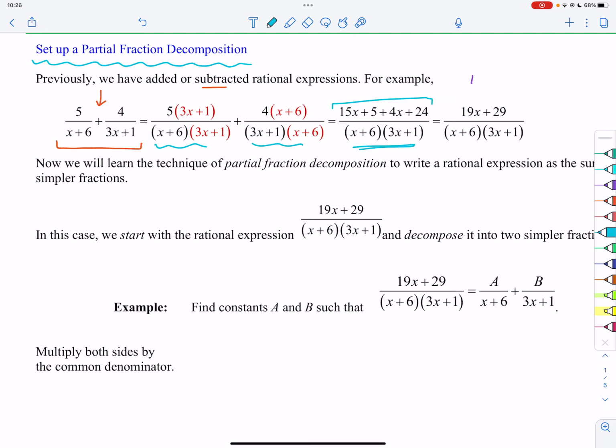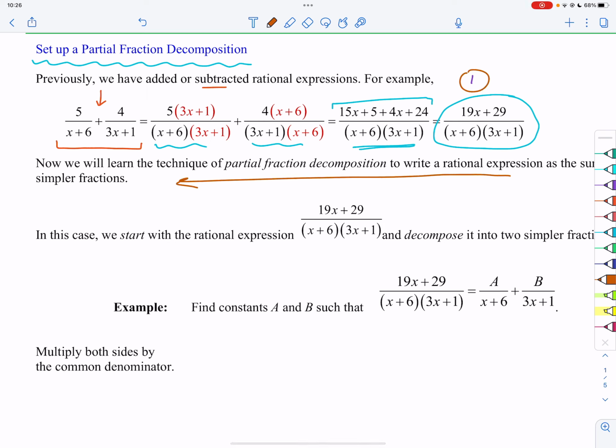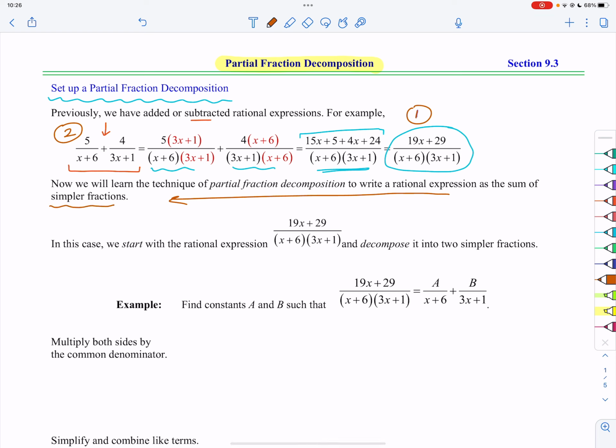And actually, here we have the simplified rational expression. Partial fraction decomposition is going the other way, starting with this rational expression and coming up with two simpler fractions.